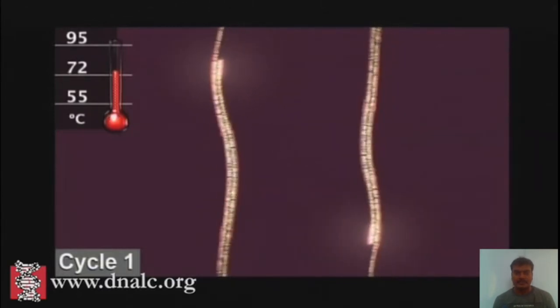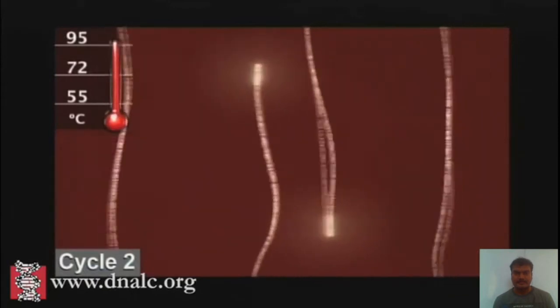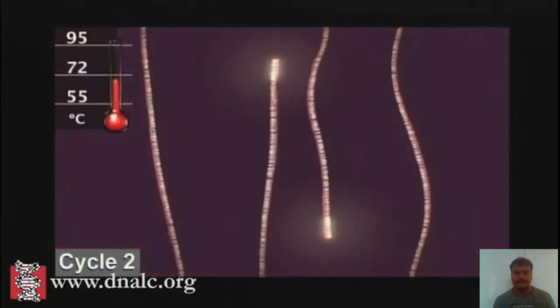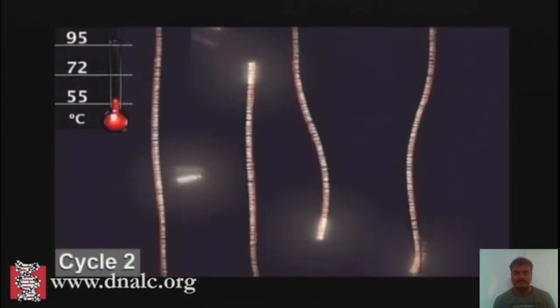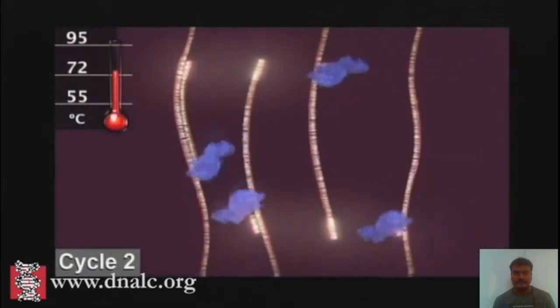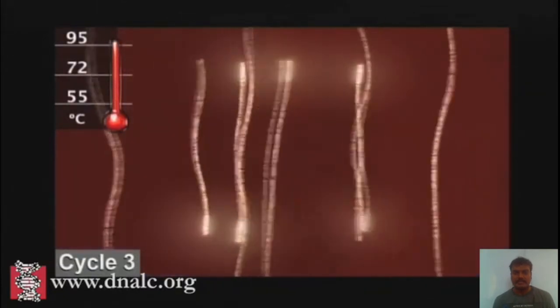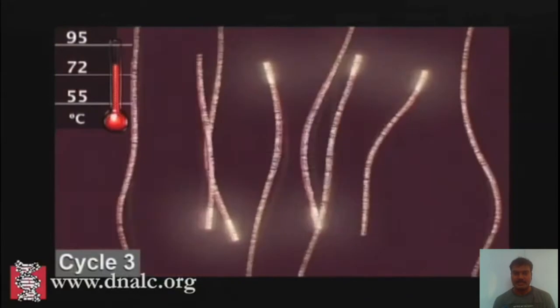First cycle gets over. Now the second cycle starts. In subsequent cycles, the process of denaturing, annealing, and extending are repeated to make additional DNA copies. So at the end of the second cycle, you will get single strand target DNA sequence.